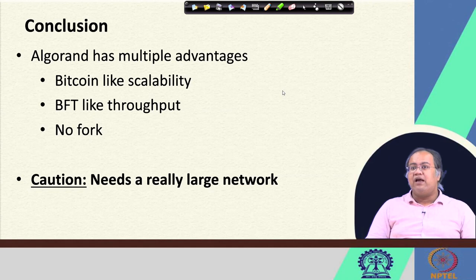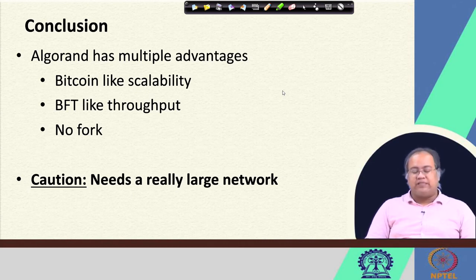And on the other hand, regarding the network, it makes an assumption that an adversary cannot hold the network for long. Now, if you have an application where there is a possibility that an adversary can hold the network for long, then possibly it is not the best choice to use an Algorand-like algorithm there.